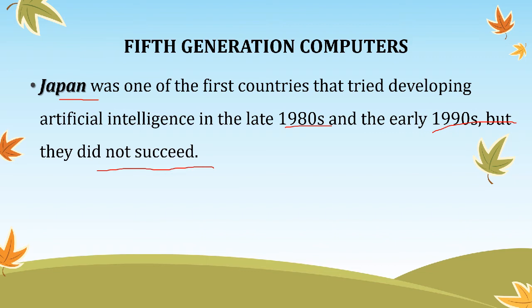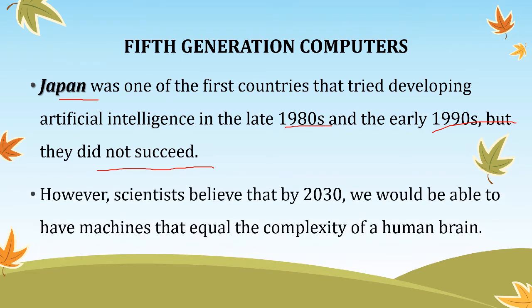But till now, they are trying their level best, but there is only limited success. Anyway, by 2030, they believe that we would be able to have machines that equal the complexity of a human brain. Like human brain, the computers can also react.